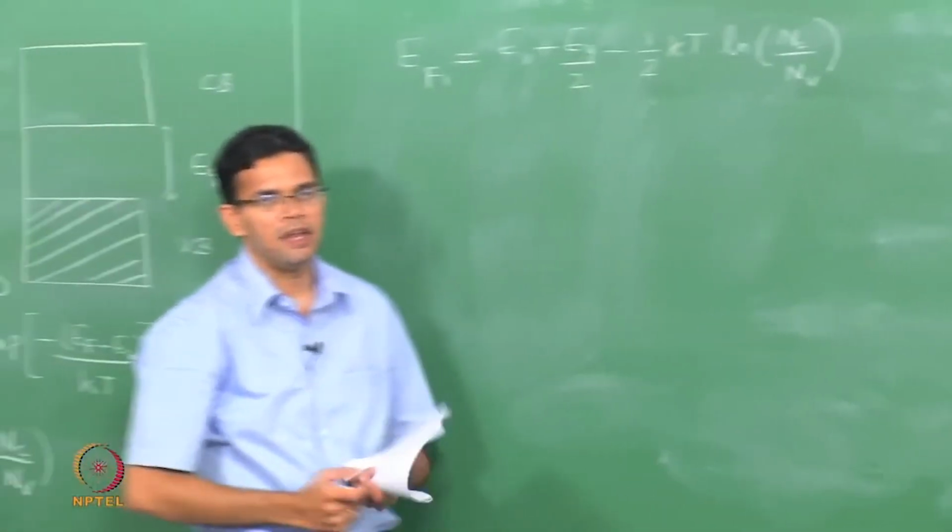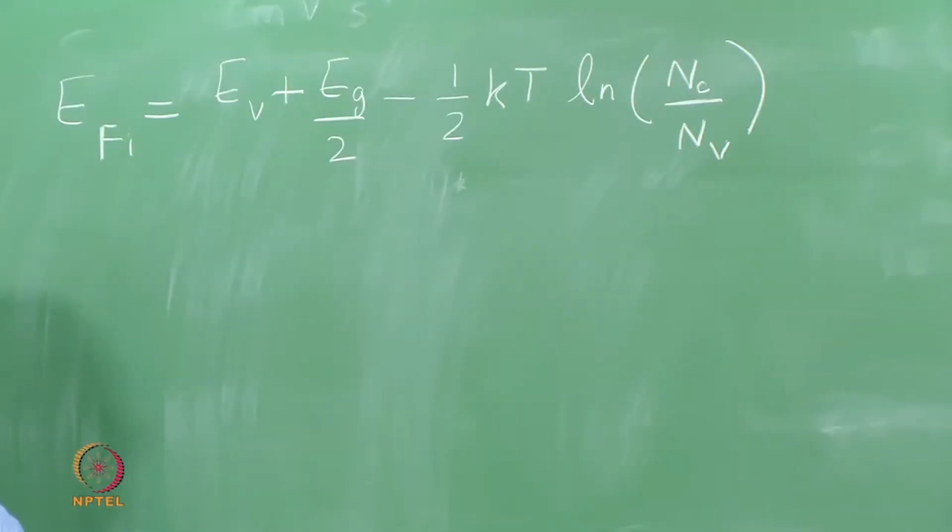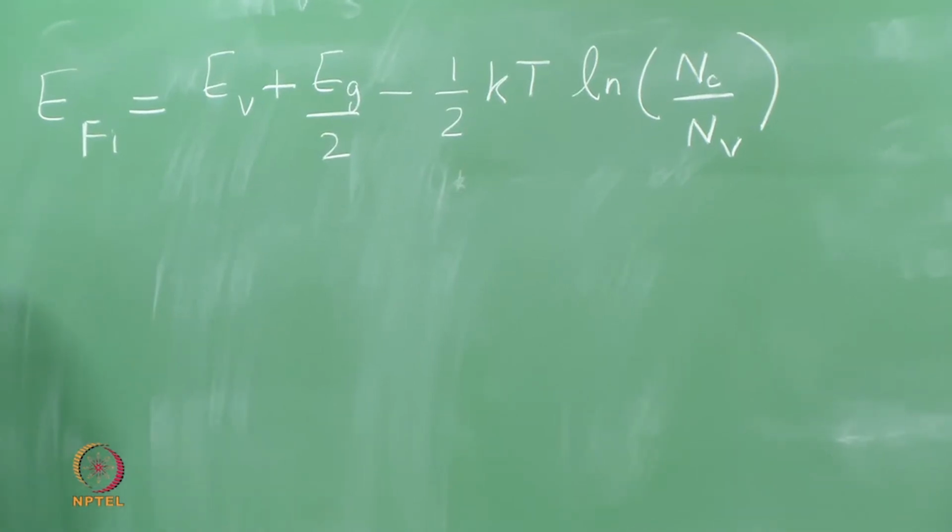Now, NC and NV are also related to the effective masses of the electrons and holes. You have seen that expression before.